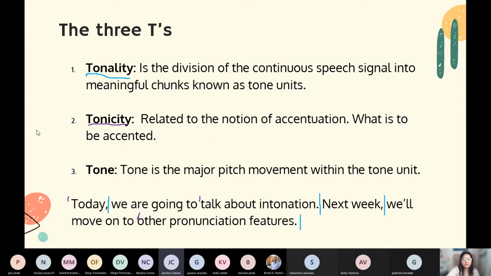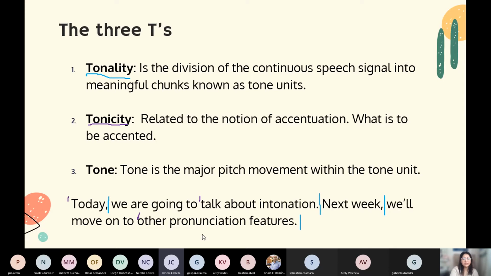And last but not least, we have tone. Tone is the major pitch movement within the tone unit. And as you noticed in the previous slides, there were many of the functions that mention tone, and you can see this because there is a variation in tone.